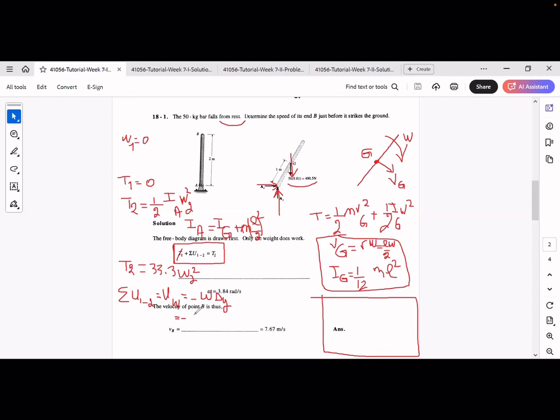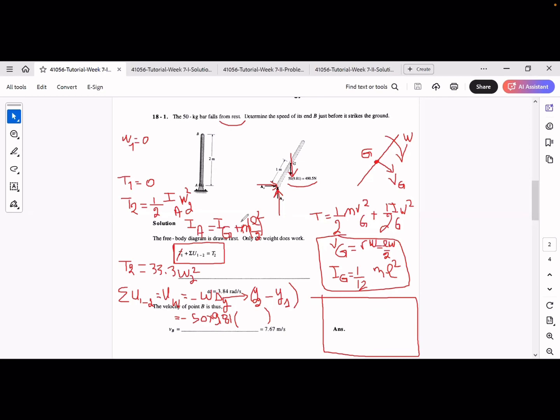So negative 50 times 9.81 times delta Y, where delta Y is Y2 minus Y1.